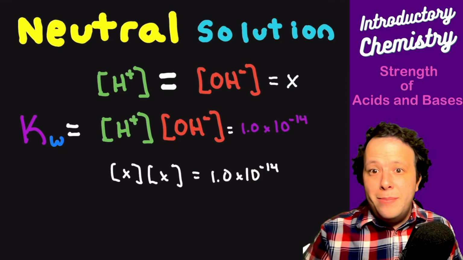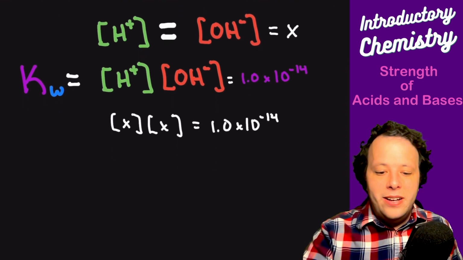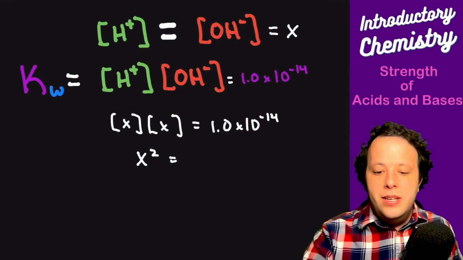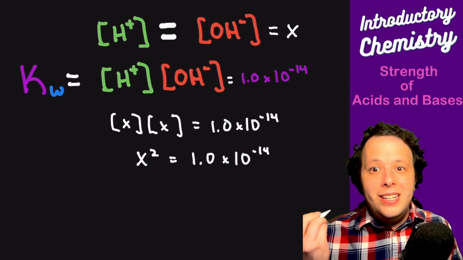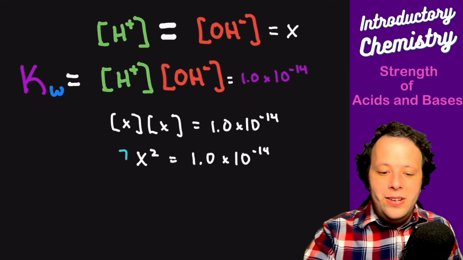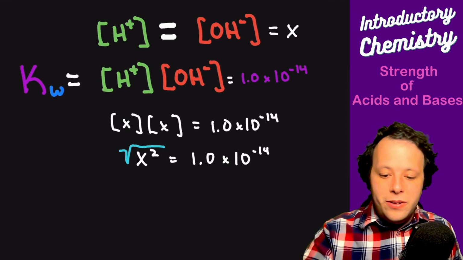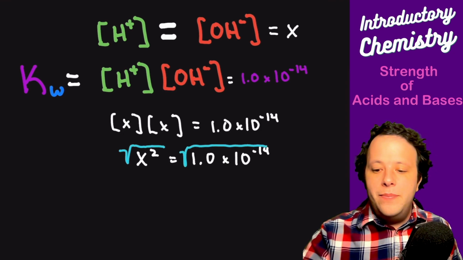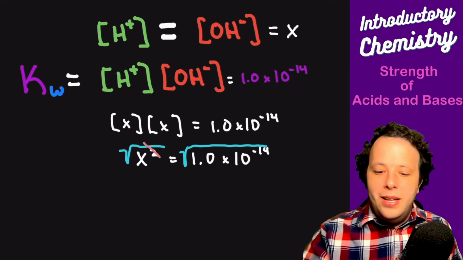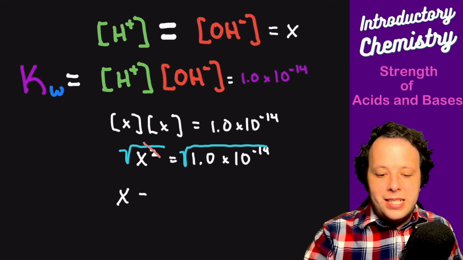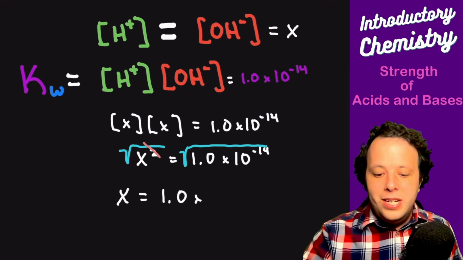X times X gives you X squared. Now if I have X squared equal to 1.0 times 10 to the negative 14, how do you get X by itself? How do you cancel out the square? We can square root both sides, so these cancel out, and you get that X is equal to 1.0 times 10 to the negative 7.